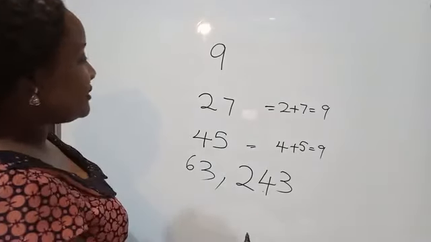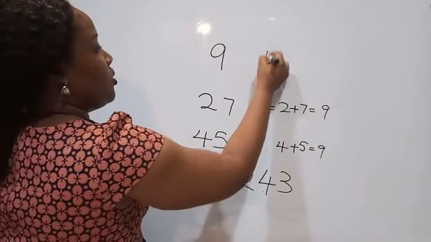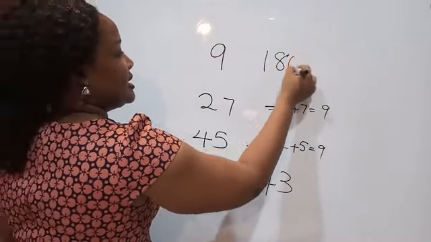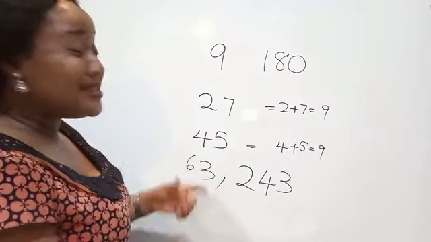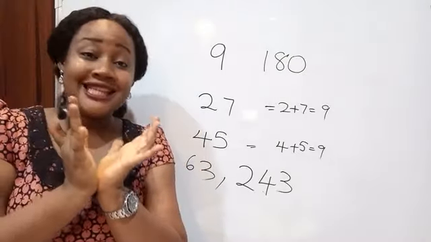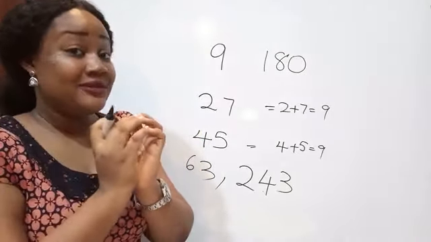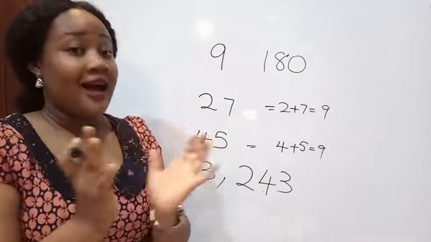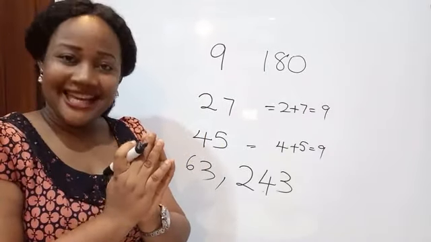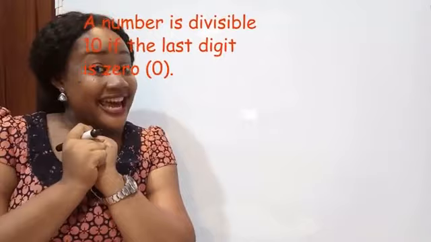Or we can have 180, which is divisible by 9. So basically, just sum up the digits, and if the sum is divisible by 9, then the number is divisible by 9.